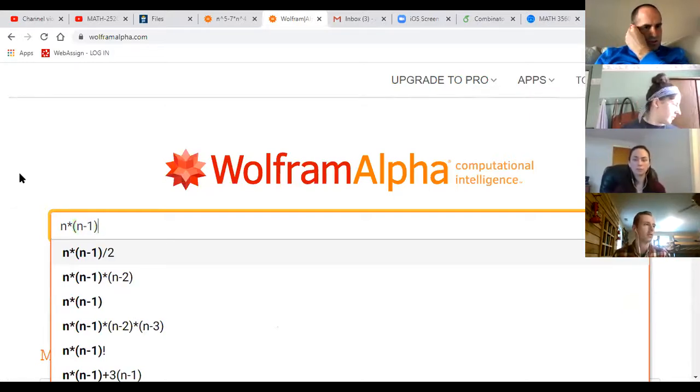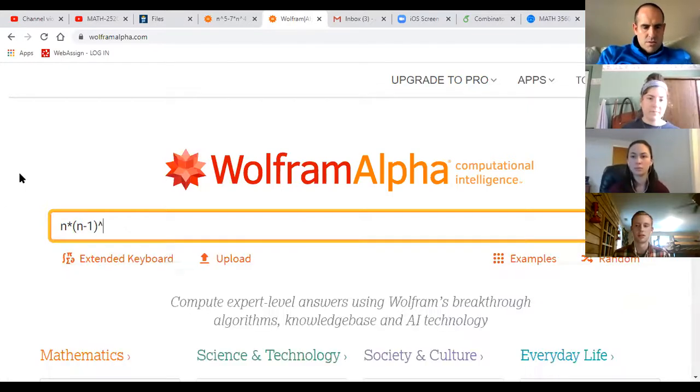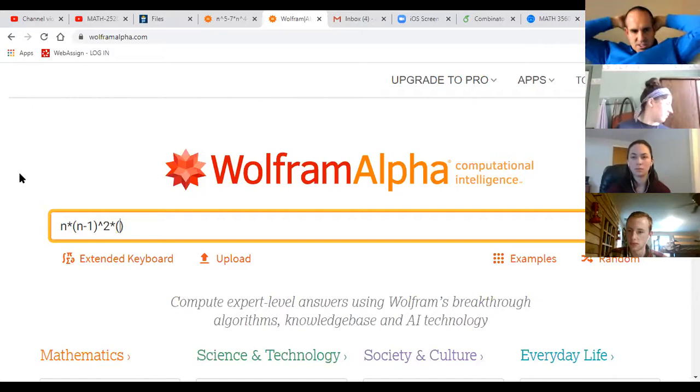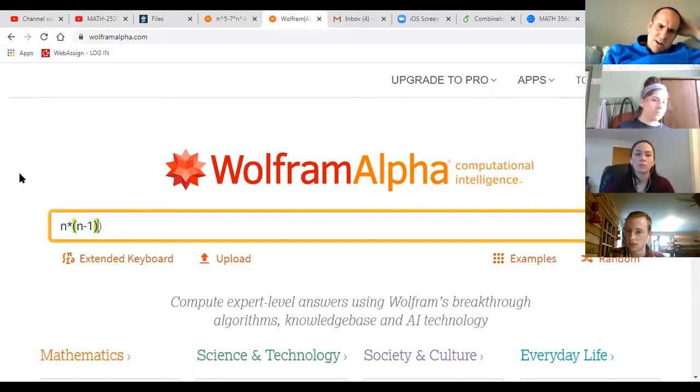I don't know if you can see that. This is kind of how I labeled my figure, because then I just use that in my talk. Okay, so it was n times n minus 1 squared. Hmm. That's like the first, oh, wait a minute. No. That was a different problem.